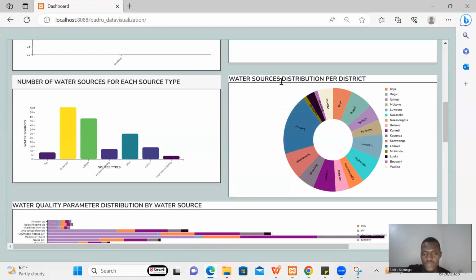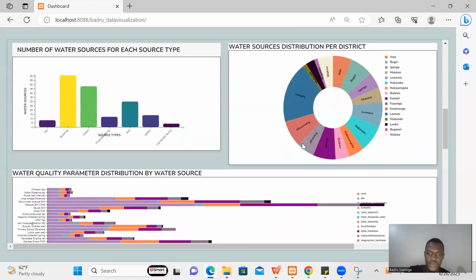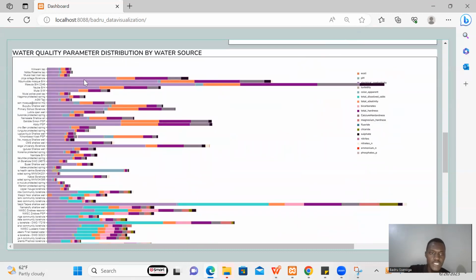So water sources distribution per district, the district is there, and you can tell with the size, as we saw in the demonstration. Now this is the final bit I wanted to share, whereby we are able to see the distribution of all these water quality parameters, equally: pH, electrical conductivity, turbidity, color apparent, total dissolved salts, total hardness, magnesium hardness.